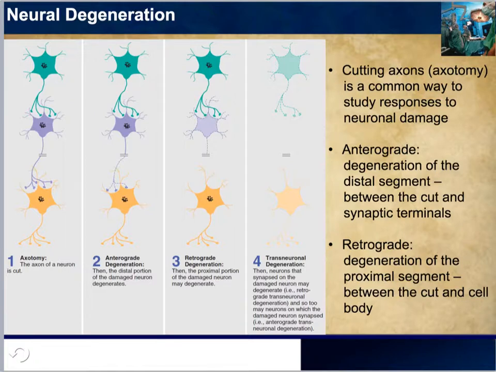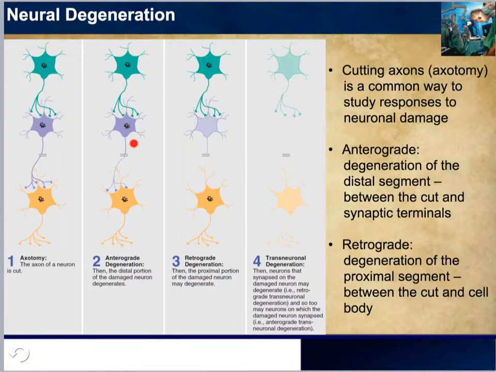The axotomy that you could see here would be cutting the axon right at this area here. And based on what you would cut here, this would then bring about a response. Now, you could see that anterograde degeneration is basically the degeneration of the distal segment. That is the segment of the cut axon from the cut to the synaptic terminal.